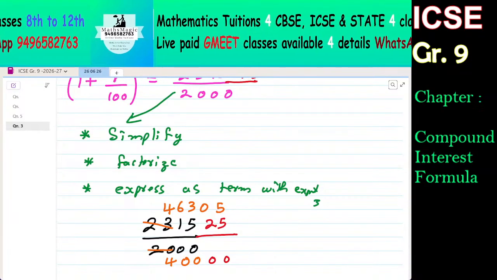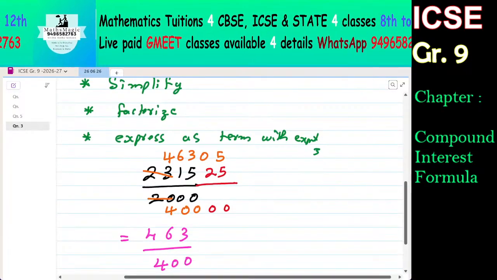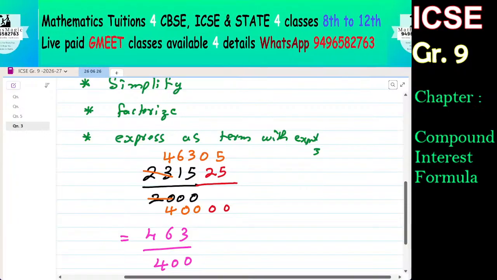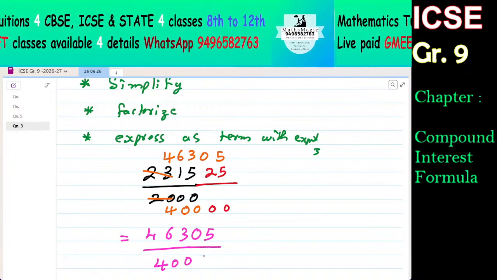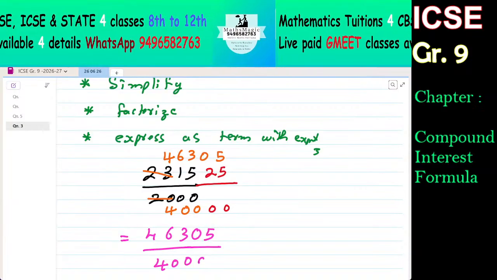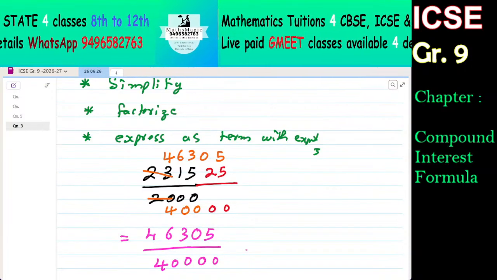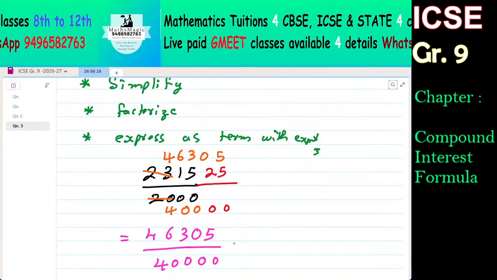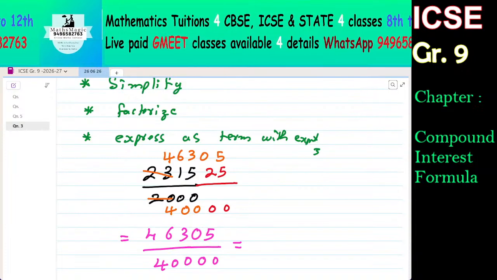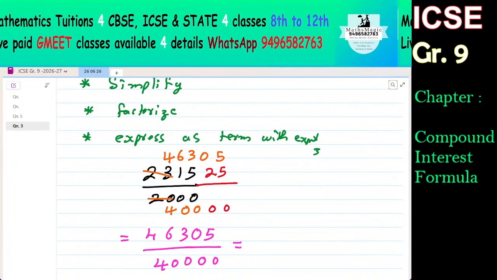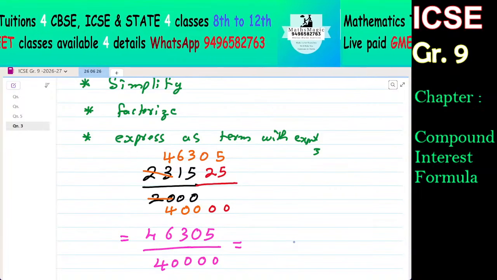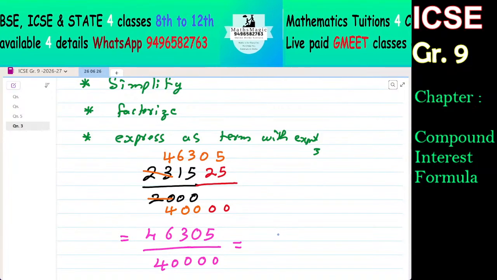Is this okay? Yeah, that's why I just took a small delay for solving this. Now you people got the correct answer. Now again, don't use a calculator, simplify with 5.